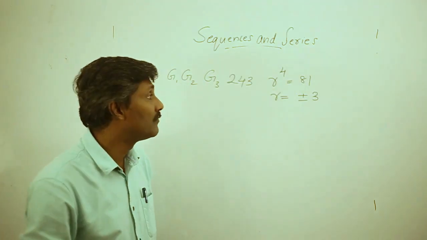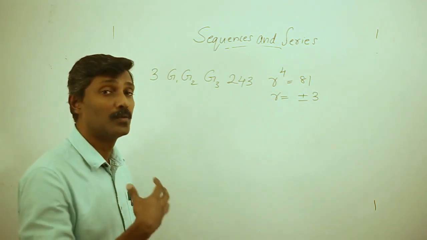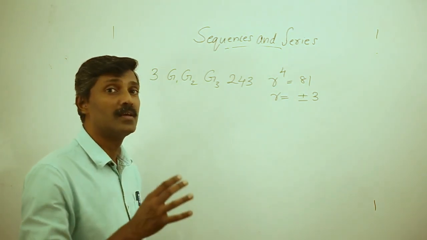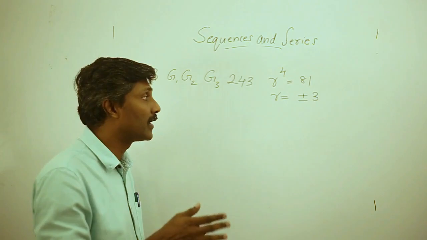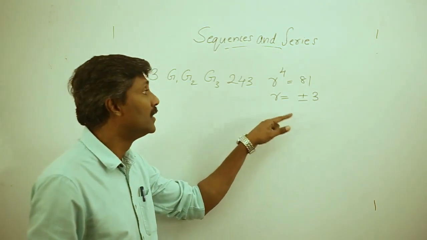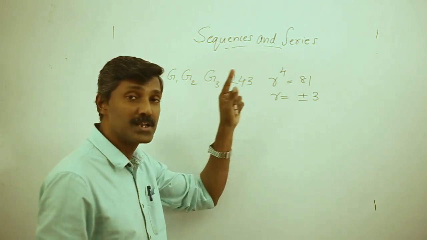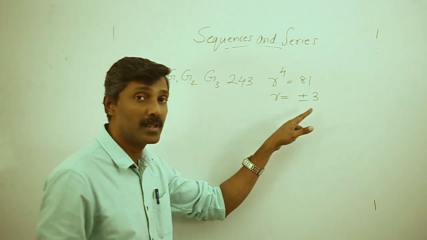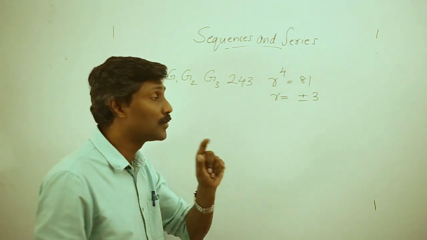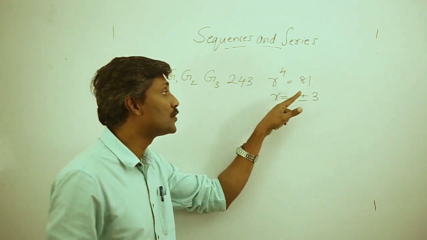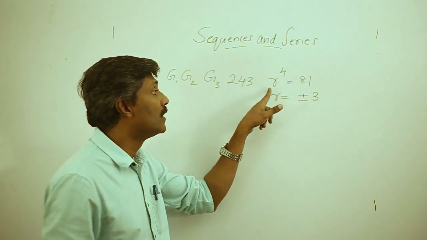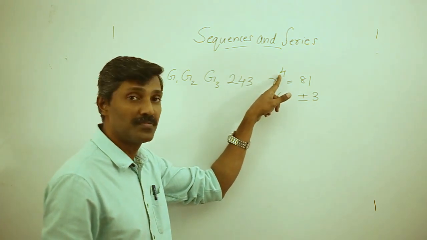One mistake which everyone makes in this problem, including me, is that we usually tend to forget the negative value. We saw that R raised to 4 is 81. Initially I wrote R is equal to 3, but it's not just 3, R is plus or minus 3, because plus 3 the whole raised to 4 is 81.